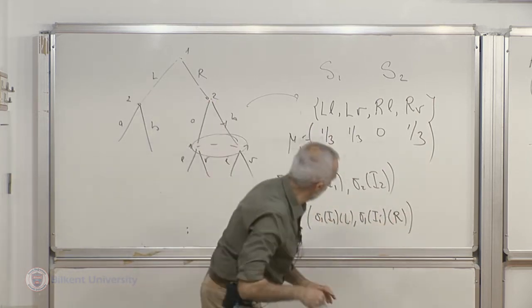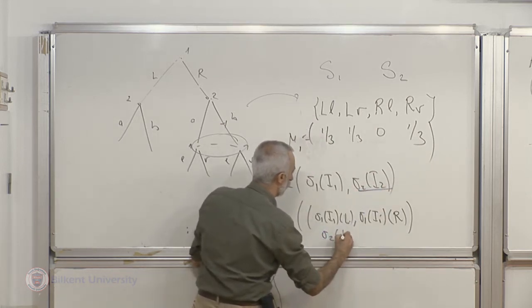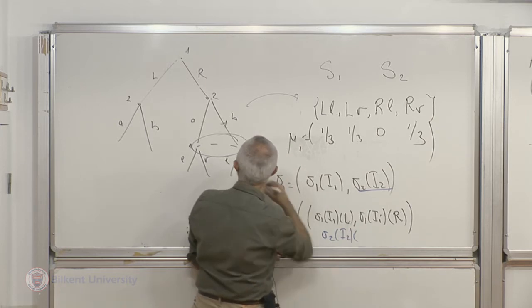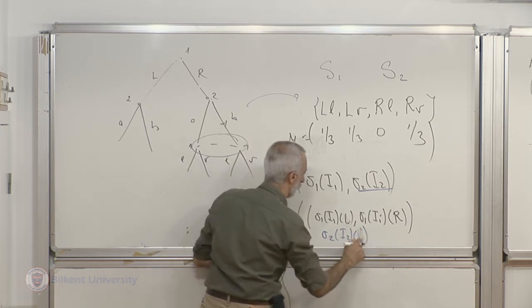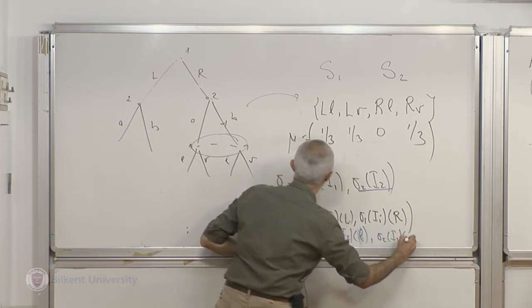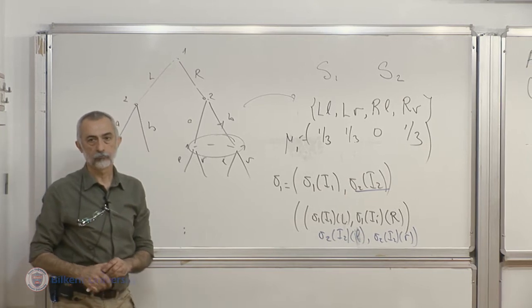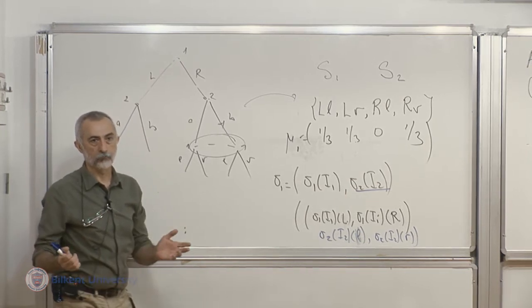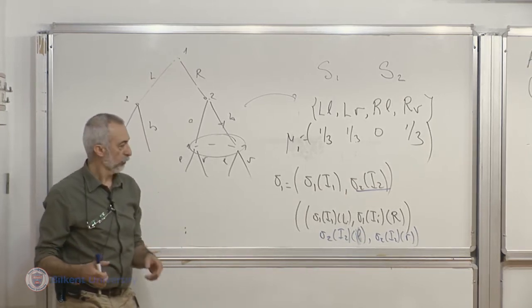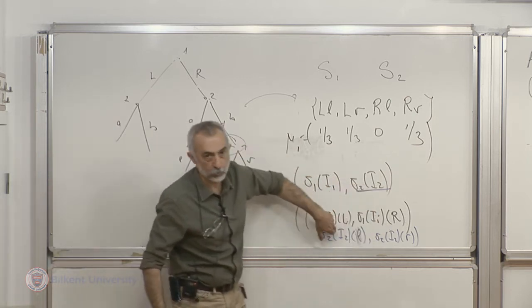The second one is going to be sigma 2 I2 L. That's an L. Sigma 2 I2 R. Okay? That's it. Where these two numbers should add up to 1, and these two numbers should add up to 1.